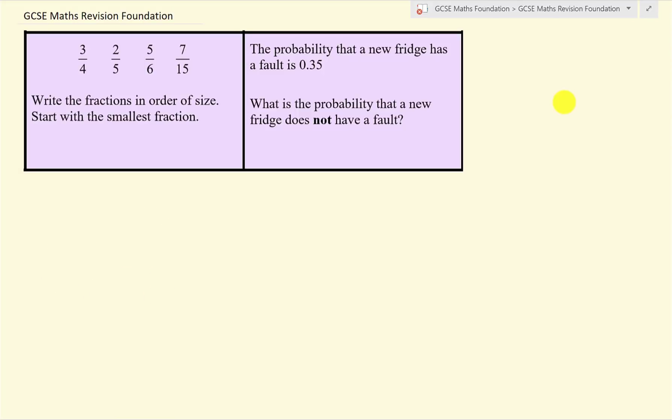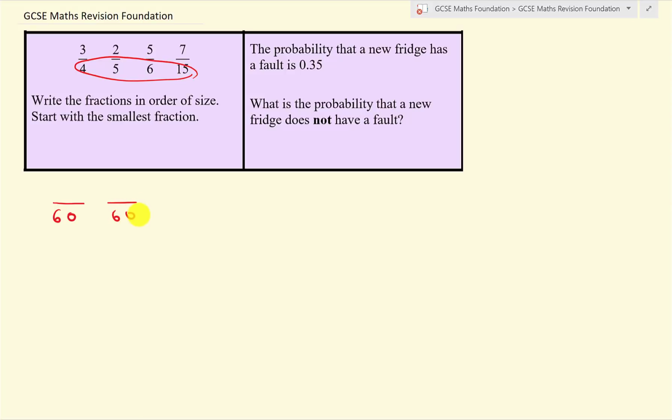Next question, write the fractions in order of size. Start with the smallest fraction. Now, because all the denominators are different, I would suggest make them into equivalent fractions. So find the denominator which is common of 4, 5, 6, and 15. So we can see 60 is a common denominator.